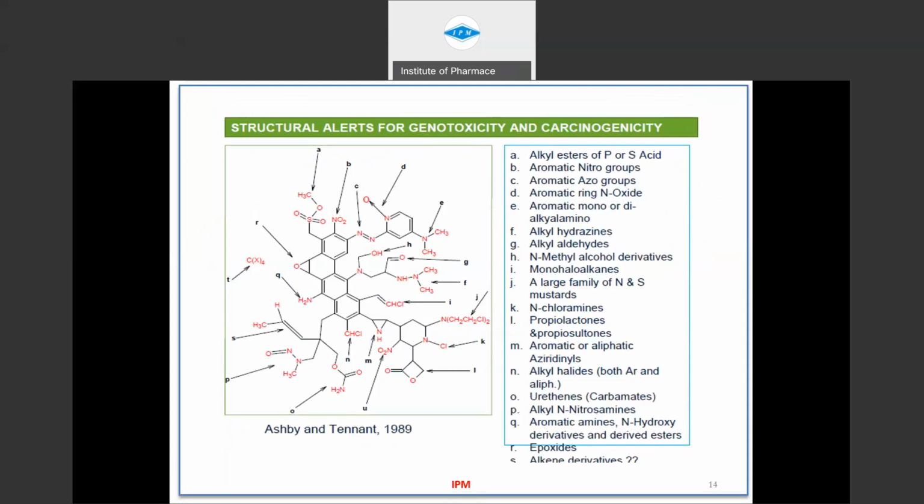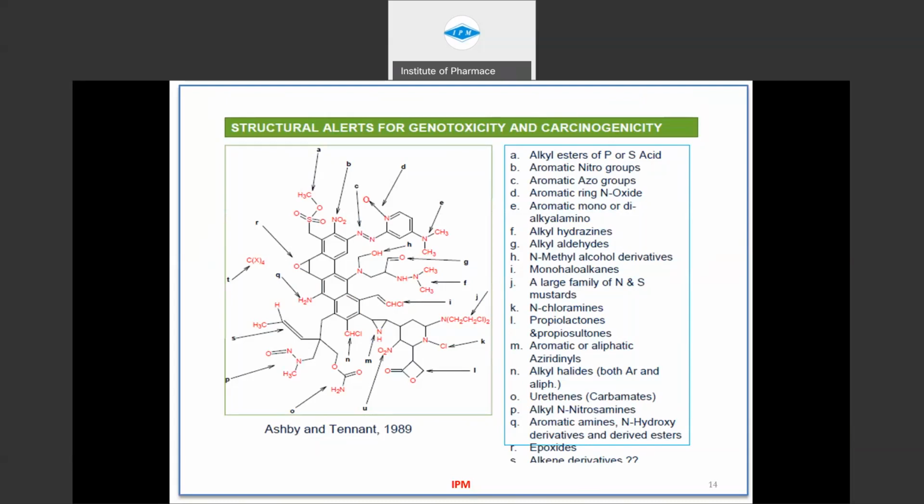Now this is a hypothetical structure, just written so as to include all possible alerts in one structure or in one graphic form. Now this is not a real chemical. Remember, it's just a hypothetical structure to explain all possible structural alerts in one go.